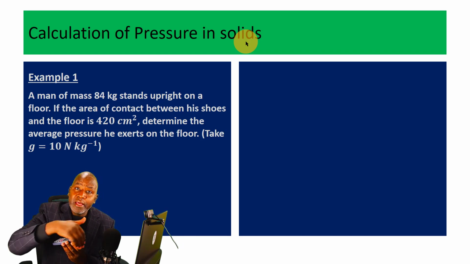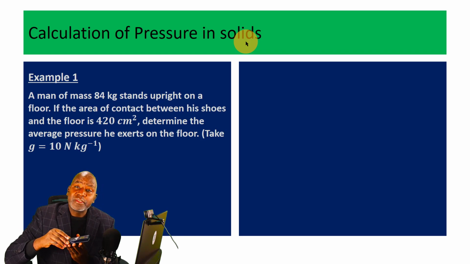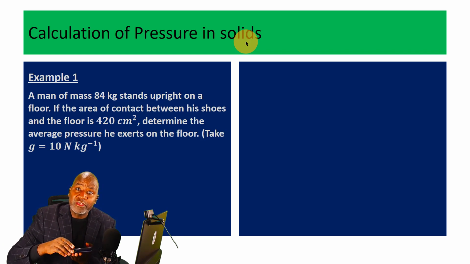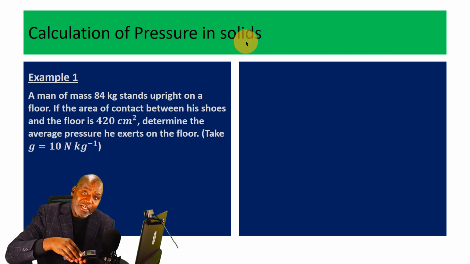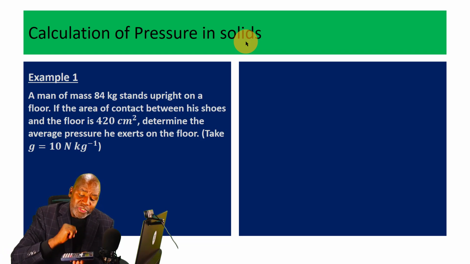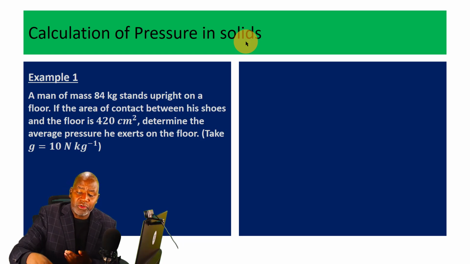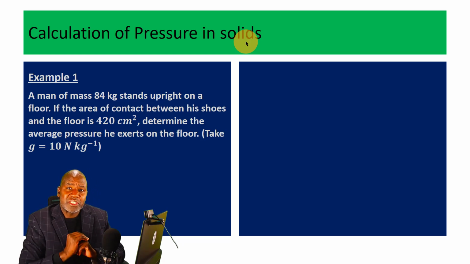It is the total surface area of the object. But remember, the area that we are interested in is the area of contact between the calculator and my hand. That is the area that matters. So it is the area of contact, not surface area. Don't make that mistake.